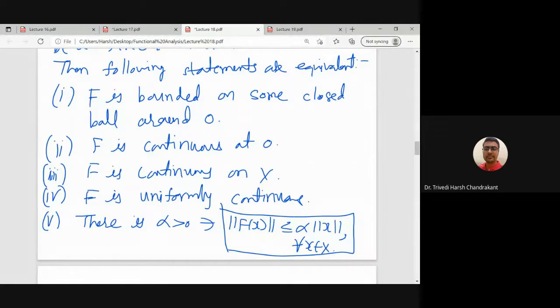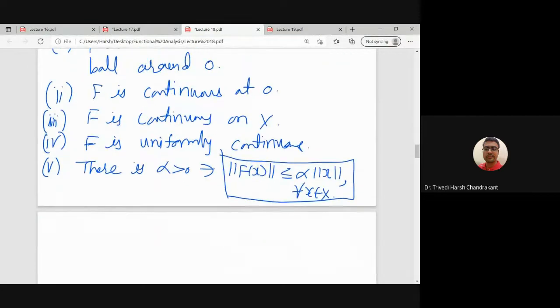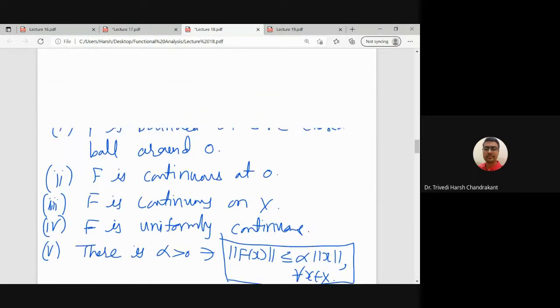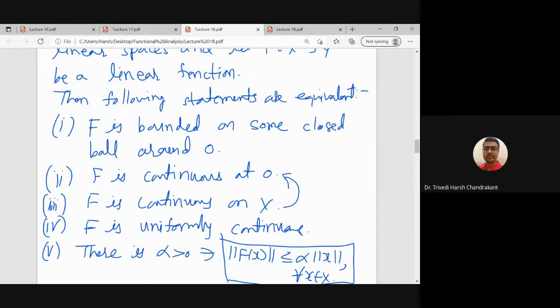So let us start with some of the parts. One part is very clear: if it is continuous at 0, then it is a bounded function. If you remember, every continuous function is bounded.